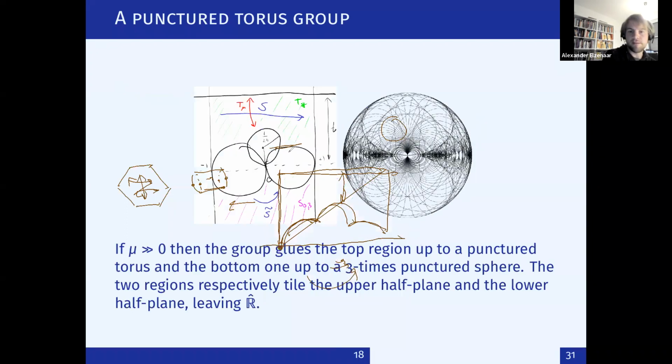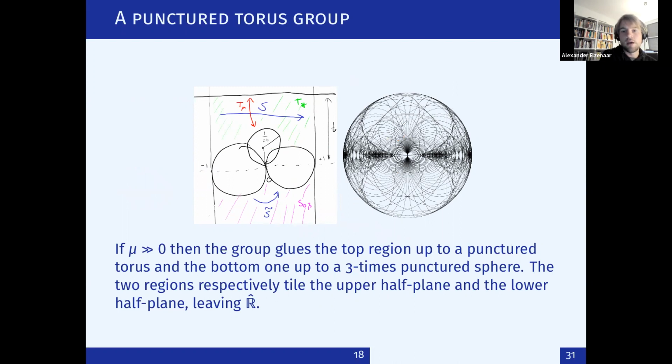If I give you this picture, the same picture on the left, and then this is the set where I've taken these 6 circles and mapped them across the whole Riemann sphere using the group action. You can see that the tiles accumulate on the equator, which is the real line. And so this real line does not appear when you take the quotient, because we're just gluing the edges of this tile together. So we actually get a puncture.